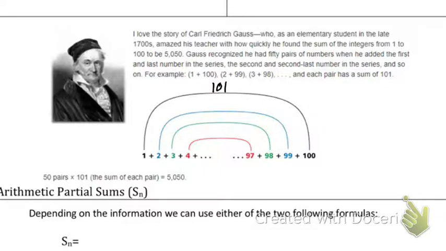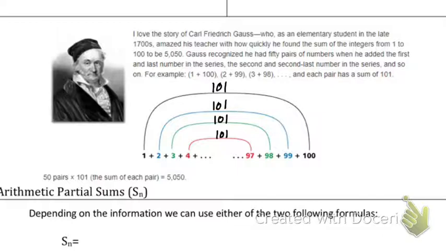If you take 2 and add it to 99, you get 101. If you add 3 plus 98, you get 101. If you add 4 plus 97, you get 101. And you keep working your way in, and you just have a series of 101s.